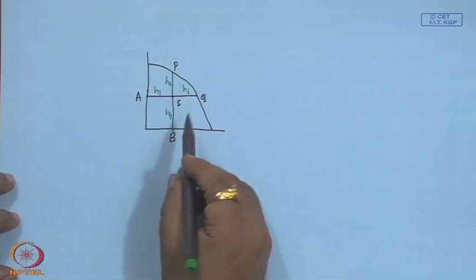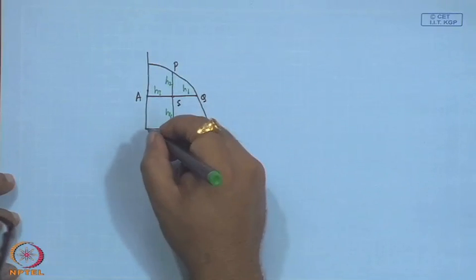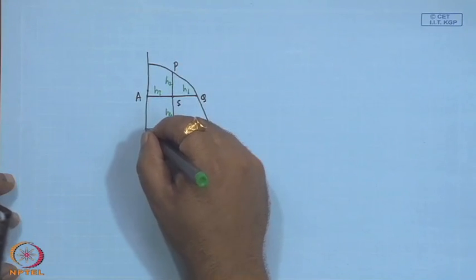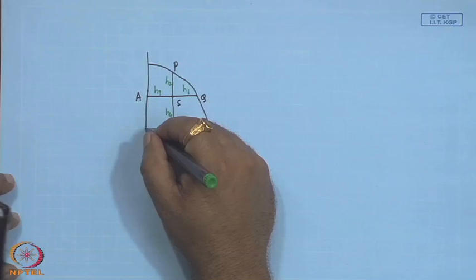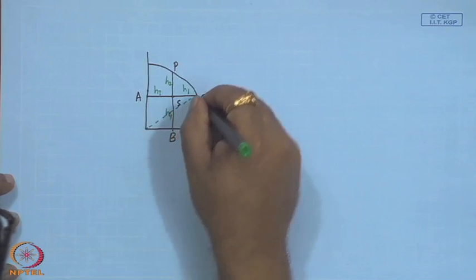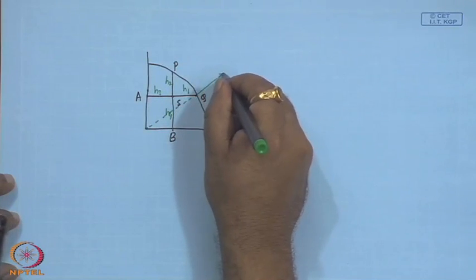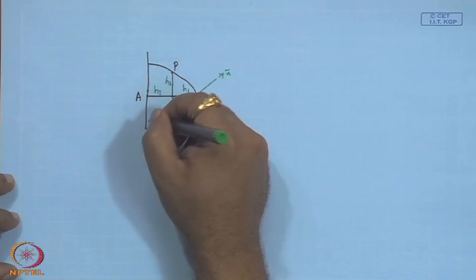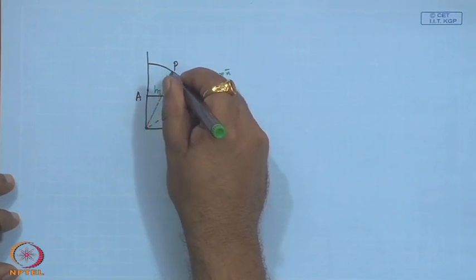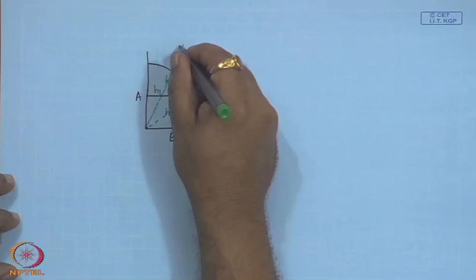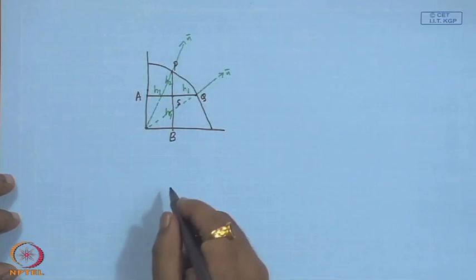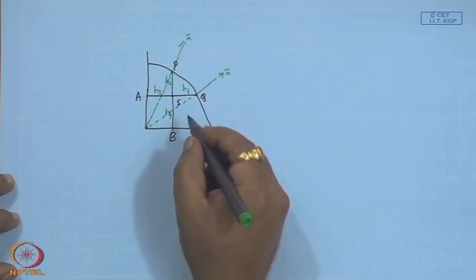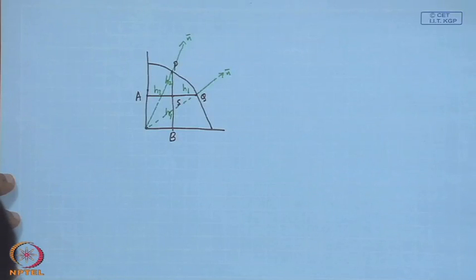Now, if we take the normal through Q, it goes like that, and if we take the normal through P, it goes like that.